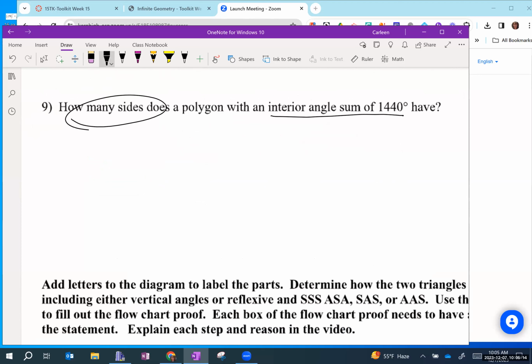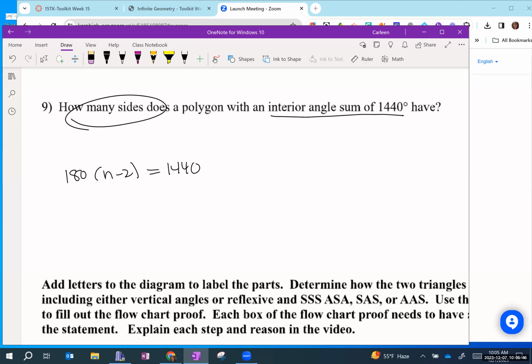All right, N. It looks like hamburger N. Okay, so we're solving for N. So the formula for the interior angle sum is N minus 2 times 180 is equal to 1440. Now, I like to put the 180 in the beginning because that's how I'm comfortable distributing.